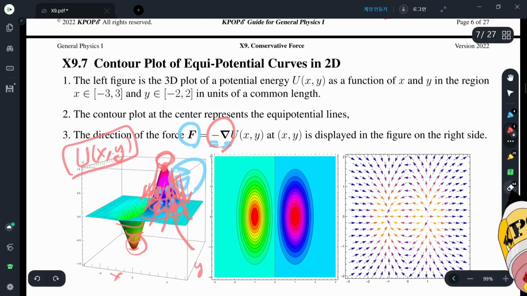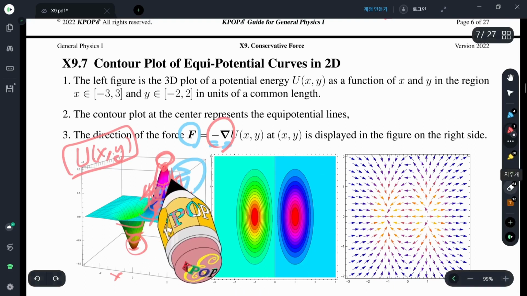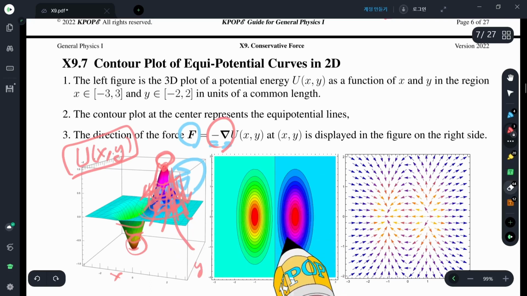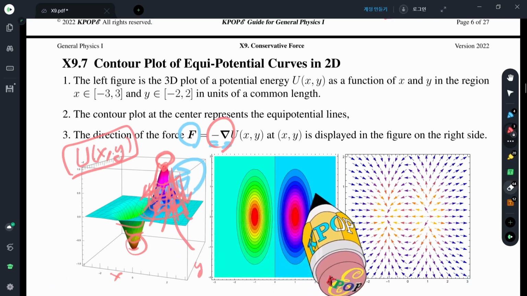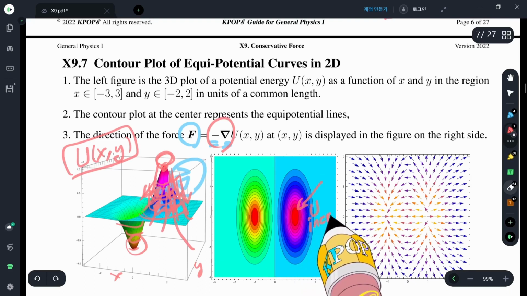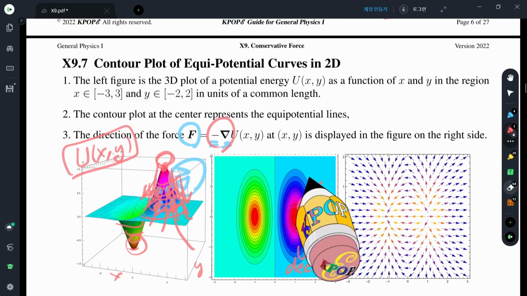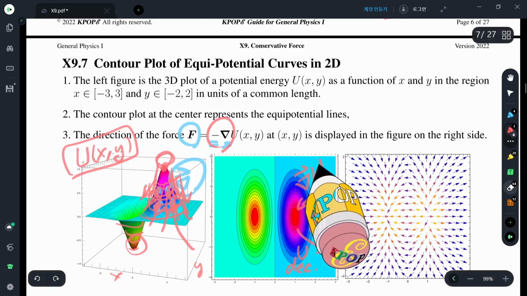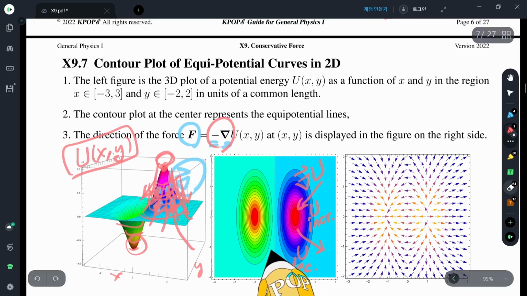Okay, this is the contour plot for the equipotential surface, the same potentials. In this direction U increases, and in this direction, U decreases. This is the direction of gradient U, and this is the direction of minus gradient U.